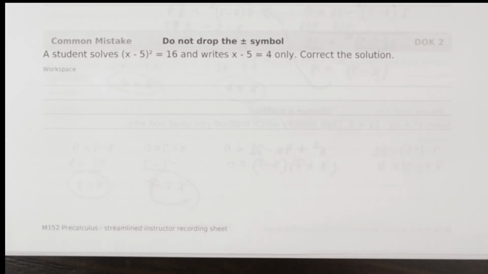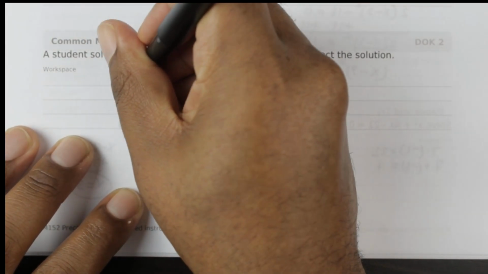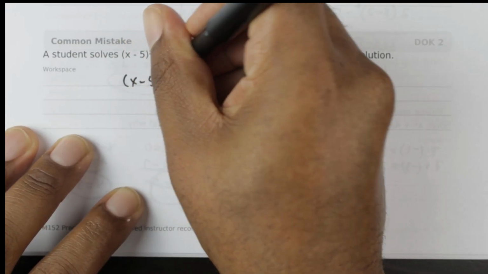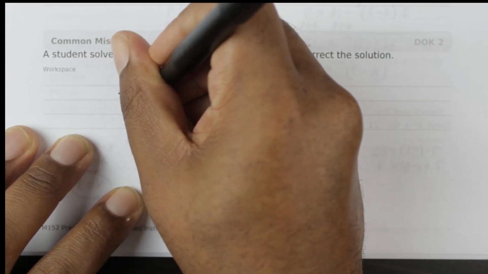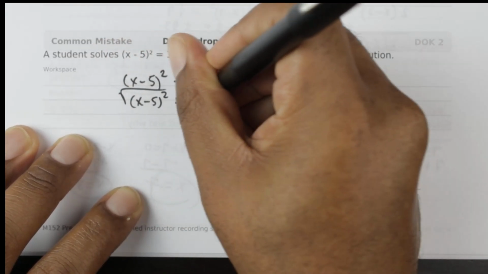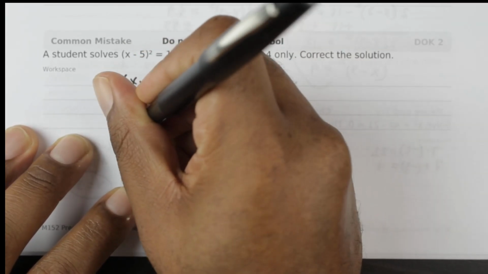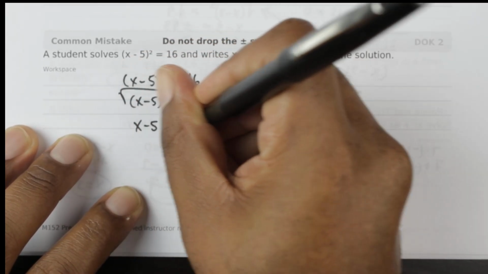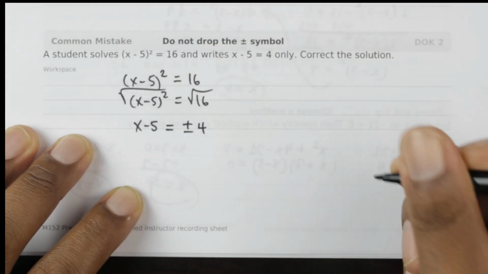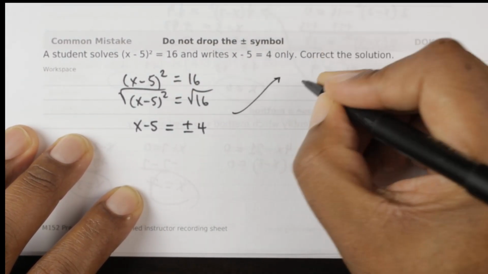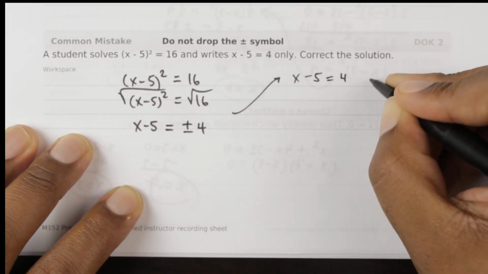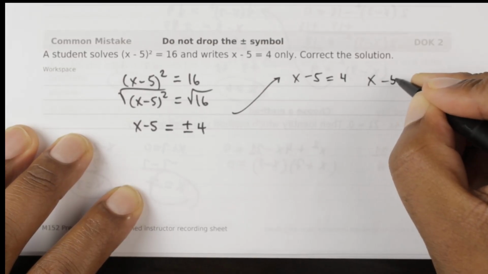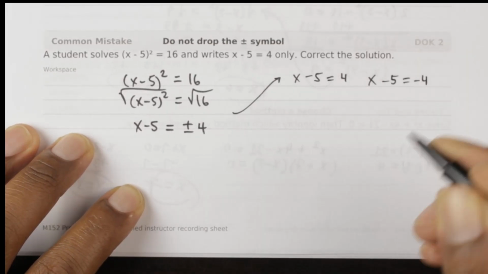So we must write plus or minus because x minus 5 squared equals 16. Take the square root of x minus 5 squared and the square root of 16. You're going to end up with x minus 5 equals plus or minus 4. So again, you're going to end up having x minus 5 equals 4, x minus 5 equaling negative 4.